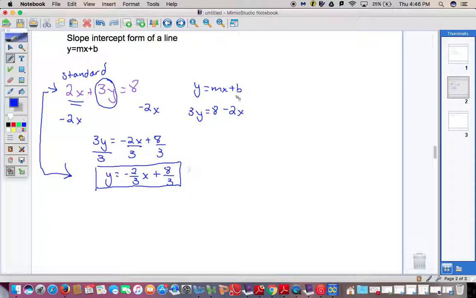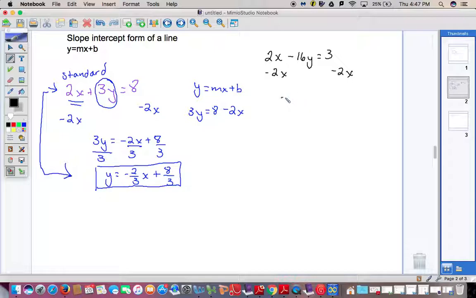Okay, let's try one more of these. What if we had the equation 2x minus 16y equals 3. Again, we want to write this in slope-intercept form. So our first step is going to be to subtract 2x from each side.